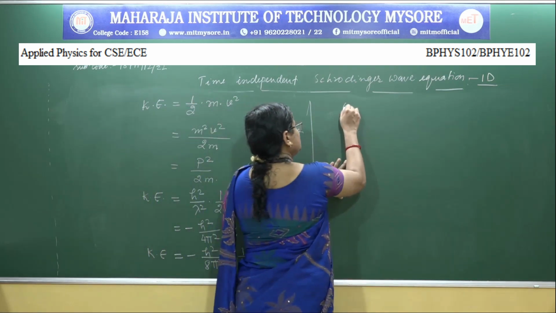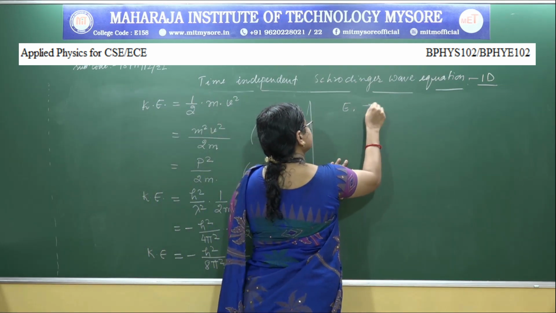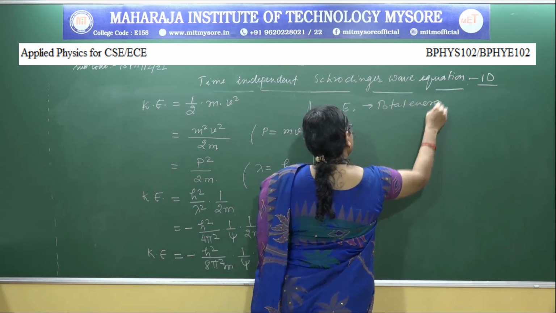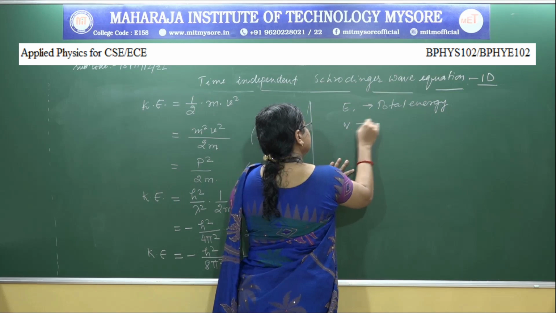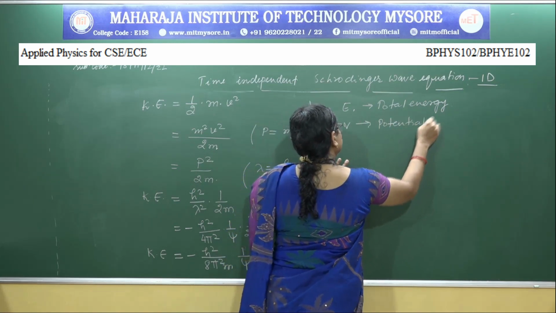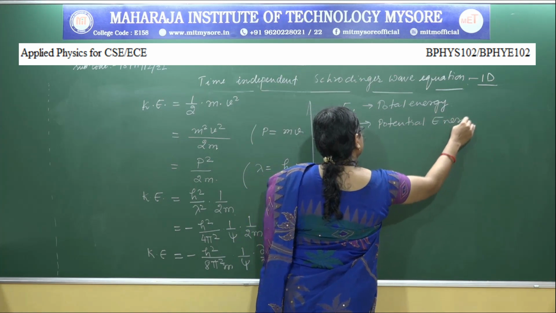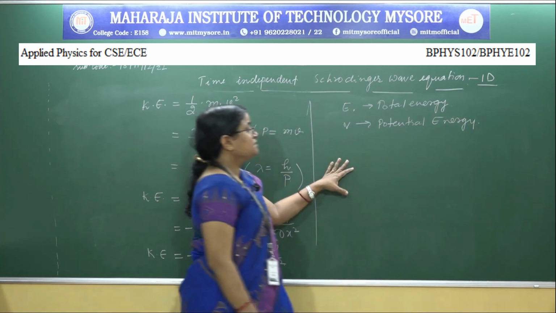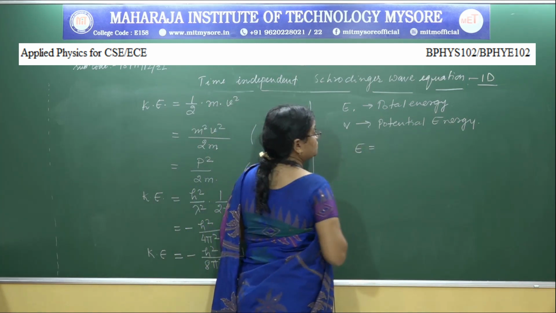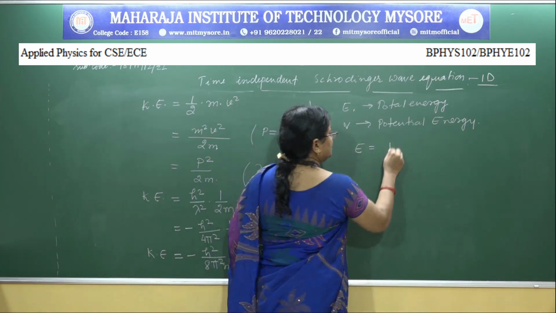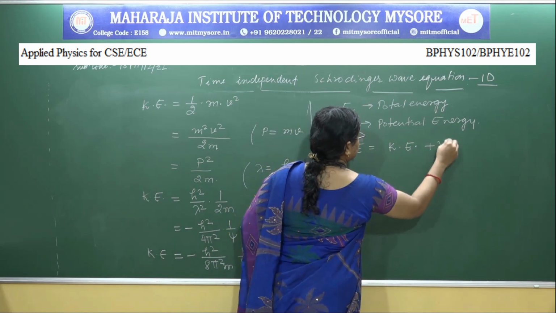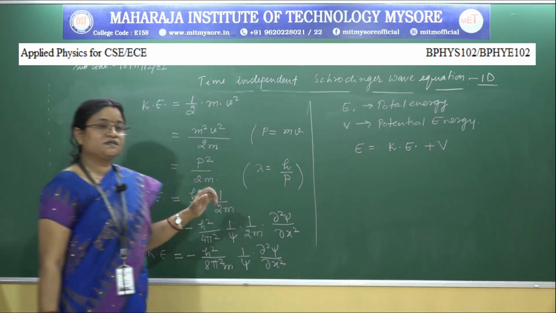If E is the total energy and V is the potential energy, then the total energy will be equal to the kinetic energy plus the potential energy.